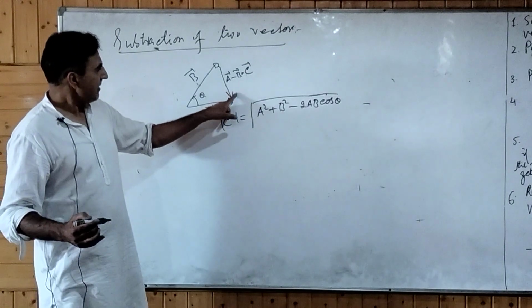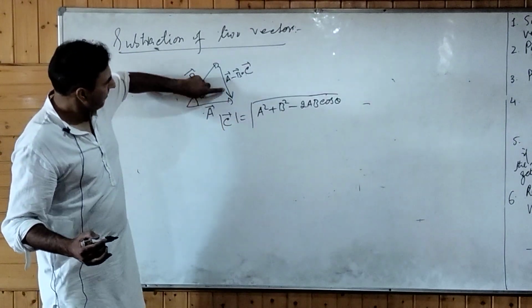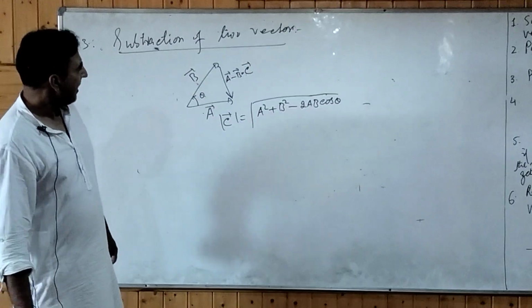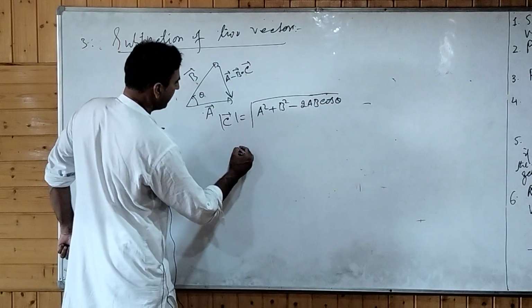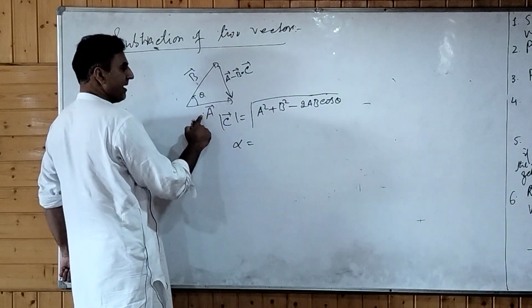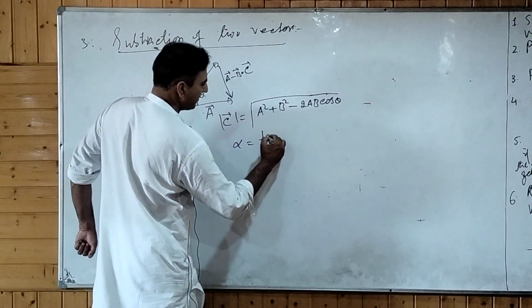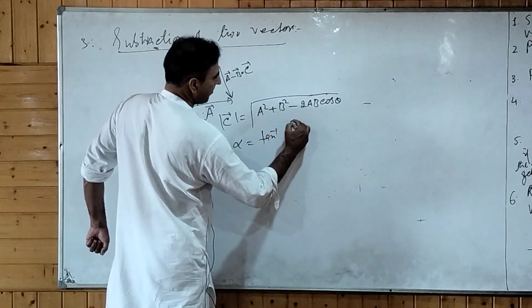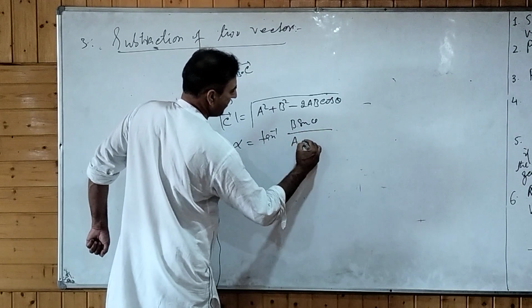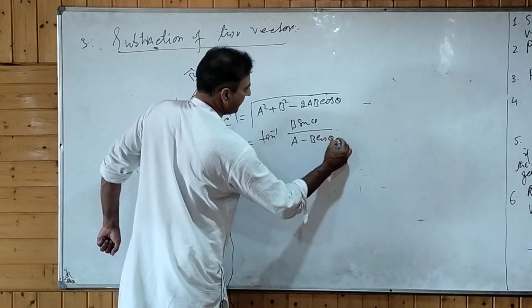If the tip is here, it is A minus B. If this tip is here, then it is B minus A. And what about the direction? Let this vector make angle alpha with A. That is again tan inverse of B sin theta plus A minus B cos theta.